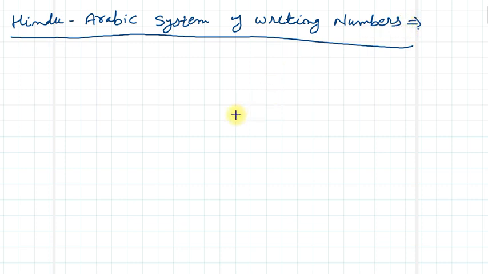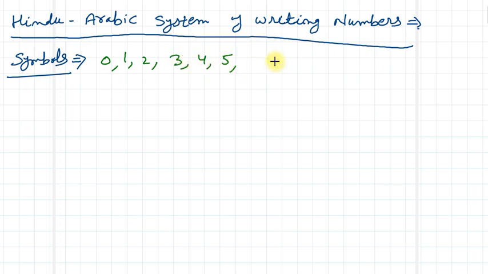In this system we use symbols. What are these symbols? 0, 1, 2, 3, 4, 5, 6, 7, 8 and 9, right? For representing any number we use these symbols 0 to 9.